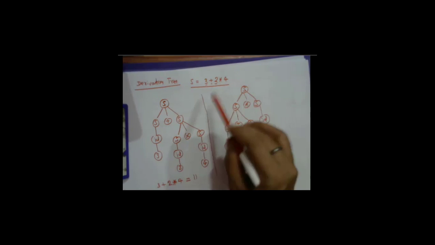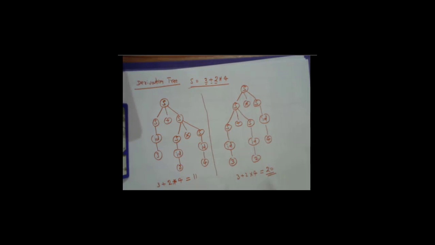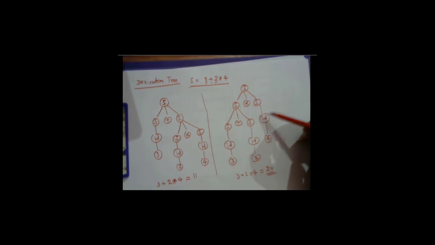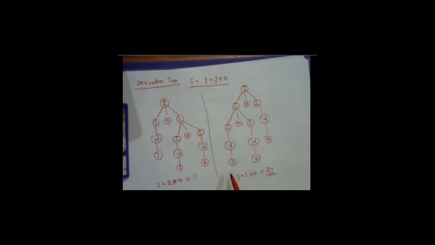Then there is the same string and the same grammar. You can derive two parse trees for the same string of the language. Then this type of grammar is called the ambiguous grammar, because it cannot give the correct result. It provides the ambiguity of which is correct and which is not correct. Then this is the big problem.